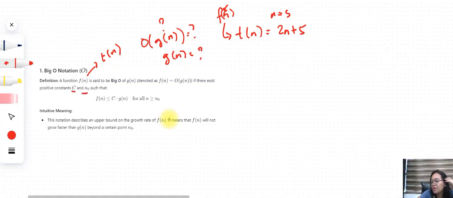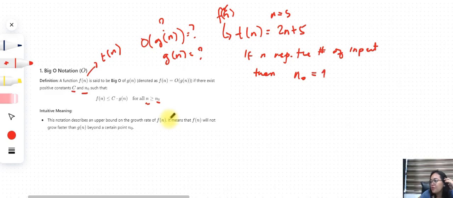So we can say, because it says here that there exists a positive constant c and n sub 0 such that f of n is less than or equal to c times g of n for all n greater than n sub 0. If n represents the number of input, then we can say that our n sub 0 is equals to 1 because there's no such thing as an input that is 0.